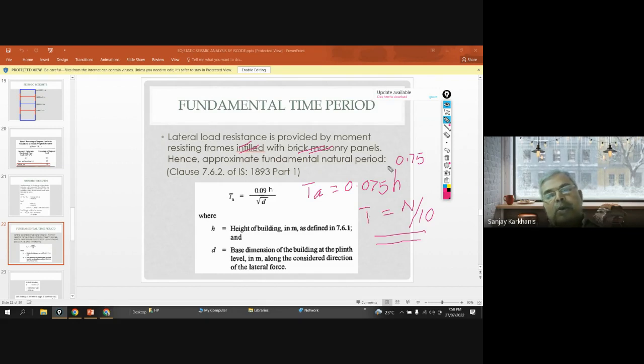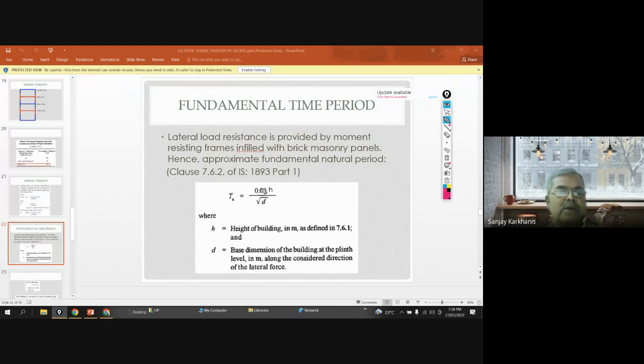Or you can use this, or you can use this. But this is recommended when you are having infilled brick masonry. Okay, so don't worry about these formulas. But these are also the empirical formula that code is using. That's why, just for your information, I have shown you this. And every formula, you will say that it is based on observations.